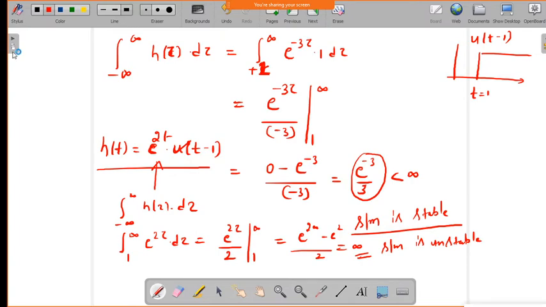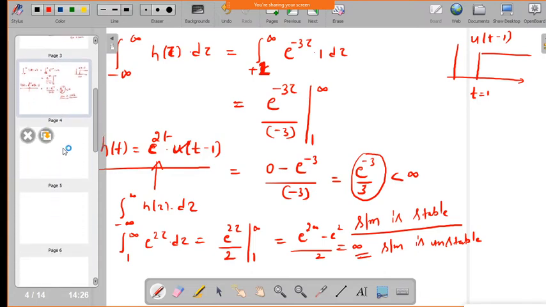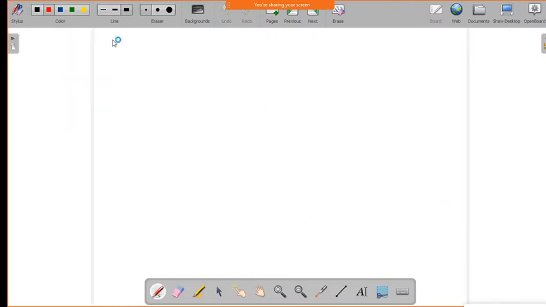So now we will do the discrete time case. Take h of n equal to half power n into u of n. Say, for example, this is half power n into u of n.